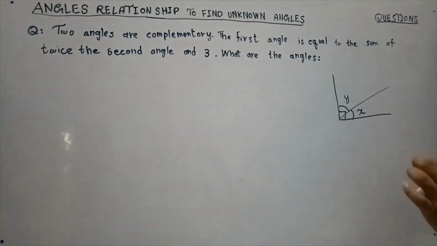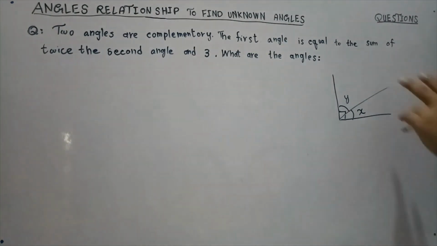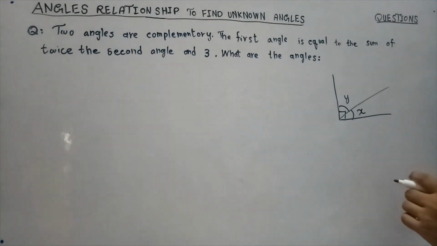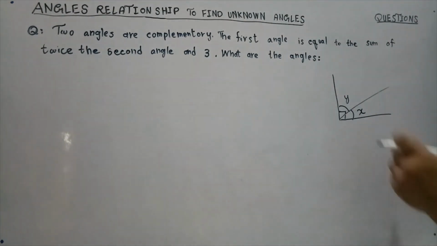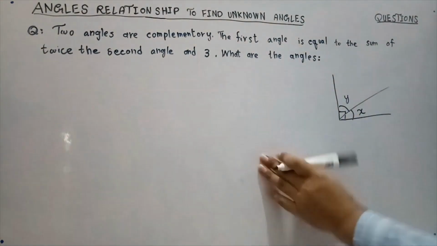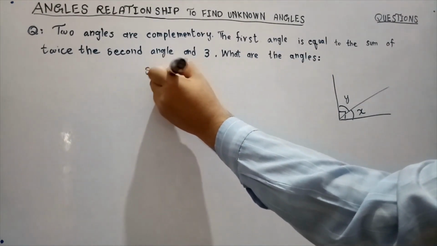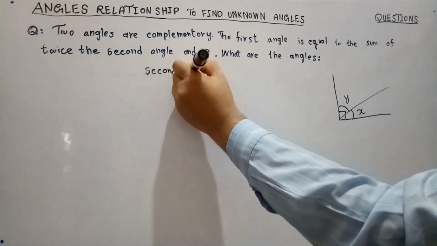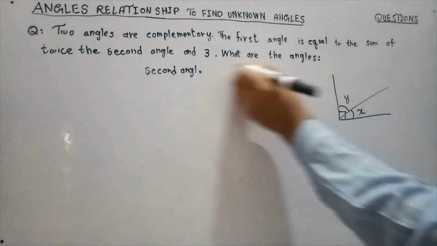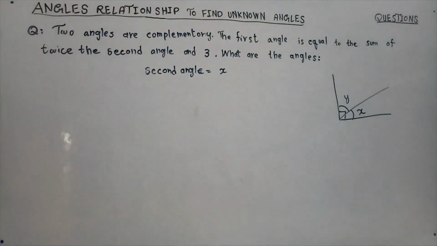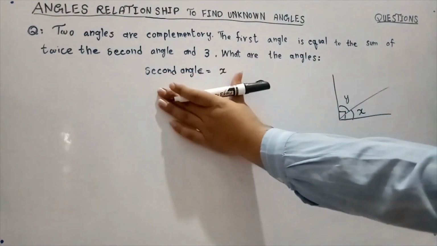It means that the first angle is equal to the sum of twice the second angle and 3. If we consider the second angle, let the second angle be x.